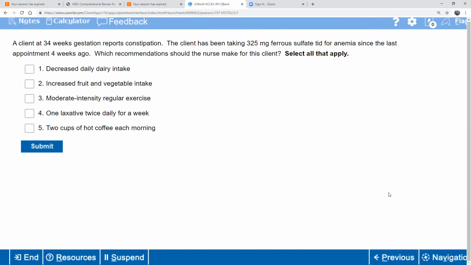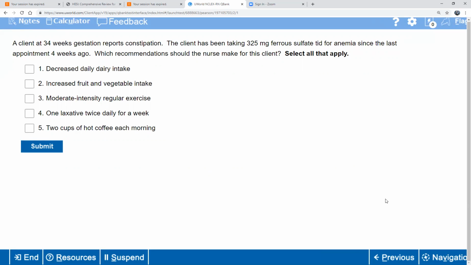Client at 34 weeks gestation reports constipation. The client has been taking 325 milligram ferrous sulfate TID for anemia since the last appointment 4 weeks ago. Which recommendation should the nurse make for this client?